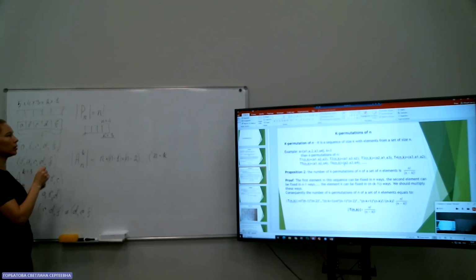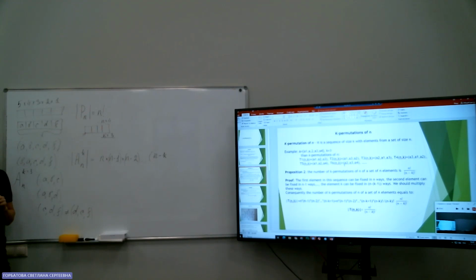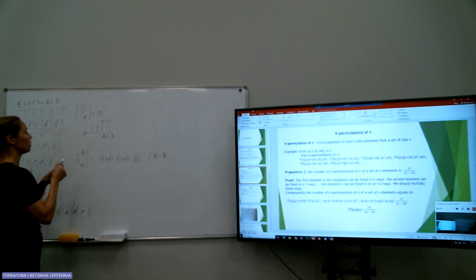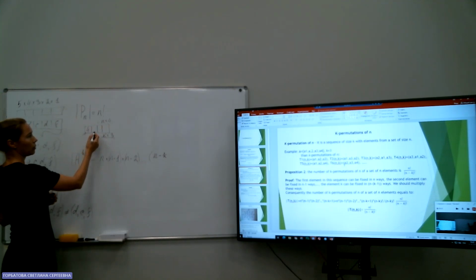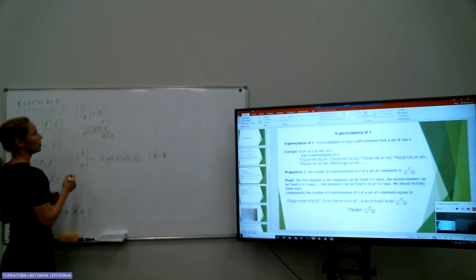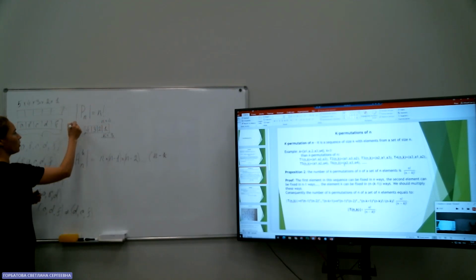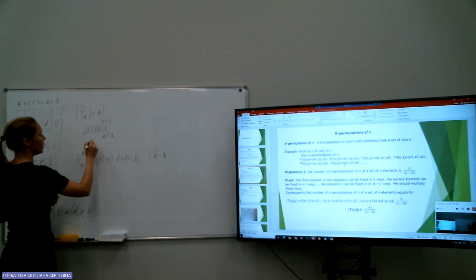How many variables can be filled here? We have 4 elements, so 4 different variables. 4, then multiplied by 3, then 2, and 1. It is 4 permutations.